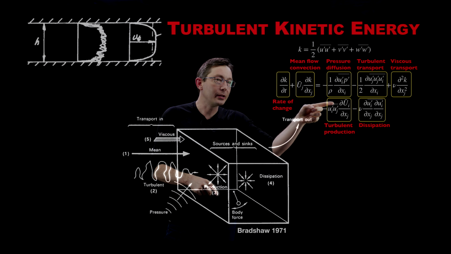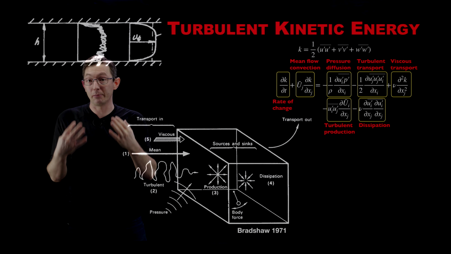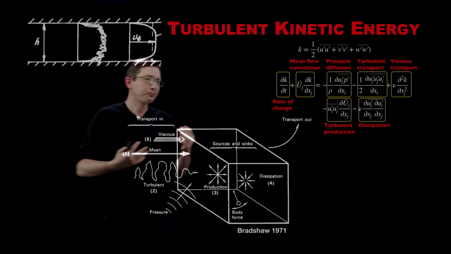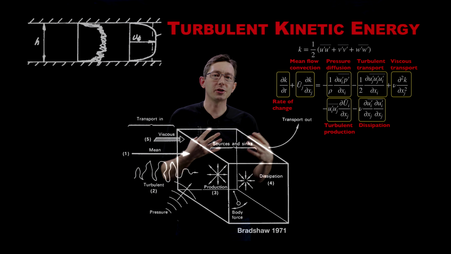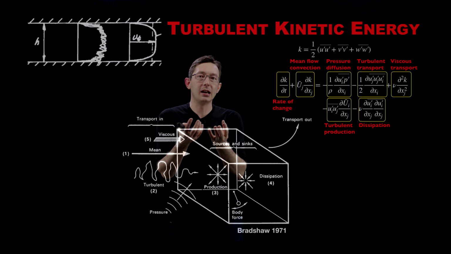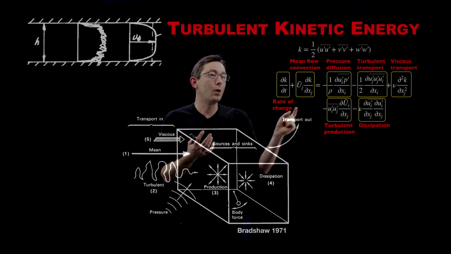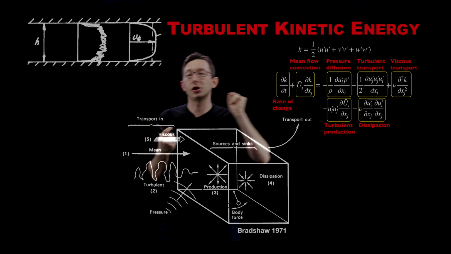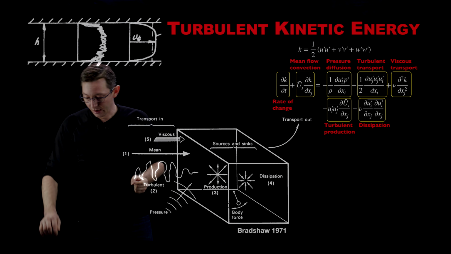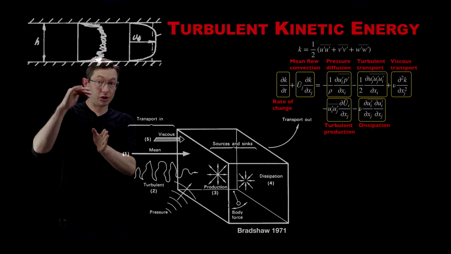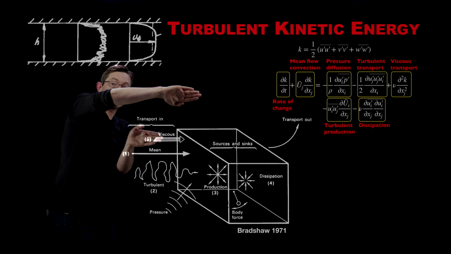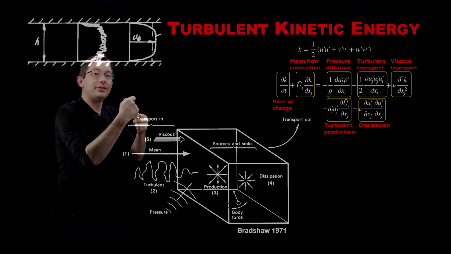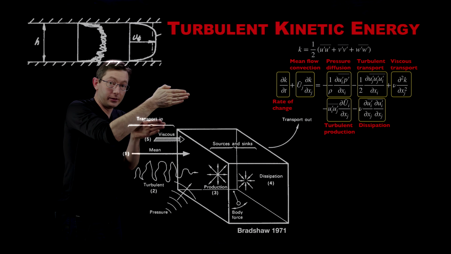And I'll point out this turbulence production is one of, I think, the most important for me conceptually, because it says essentially that our turbulence kinetic energy increases when we have a large shear in the mean flow. So if I have an average flow, like a shear layer, where I have really fast flow and slow flow, there's a large shear between those two flows.